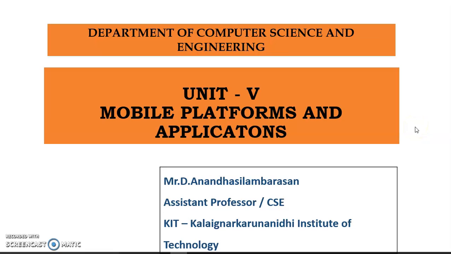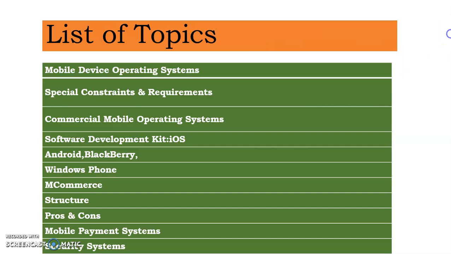Next, let us see what topics we cover in Unit 5. Okay, this is the list of topics. First topic, mobile device operating system. The second one is special constraints and requirements. Next, commercial mobile operating system.